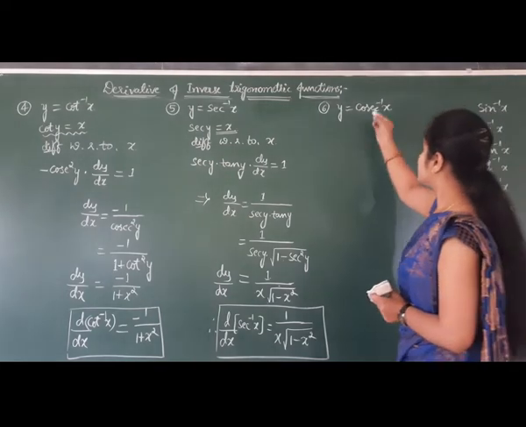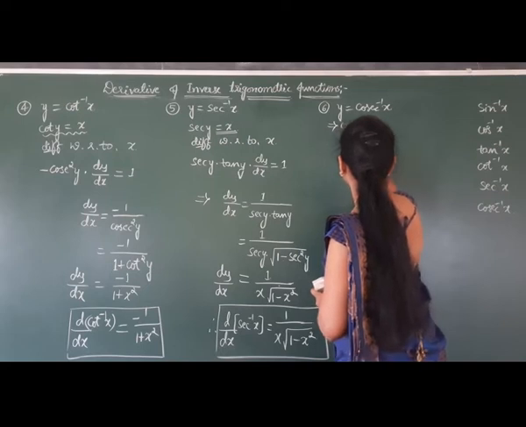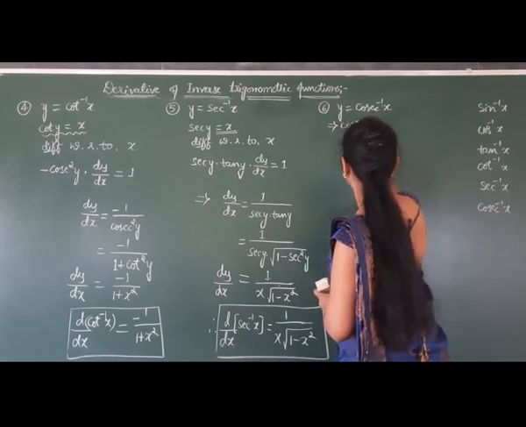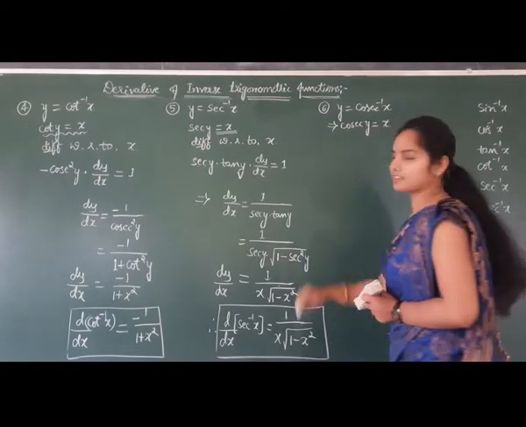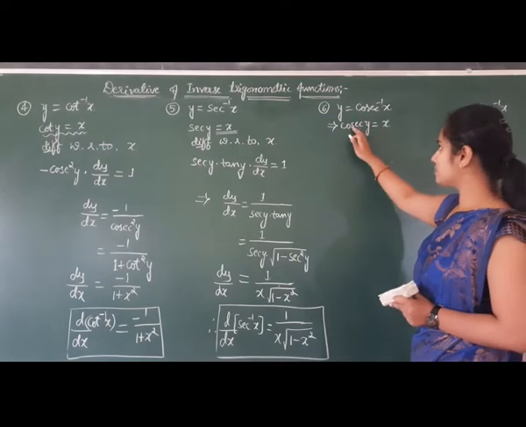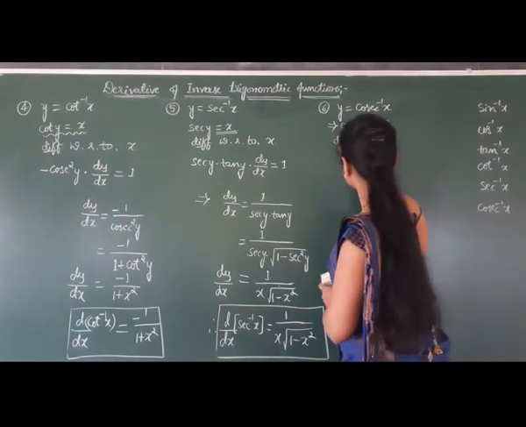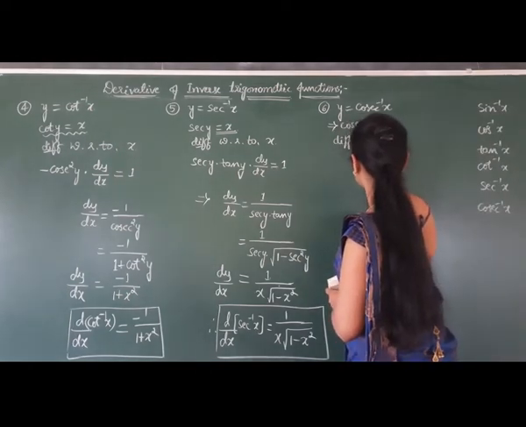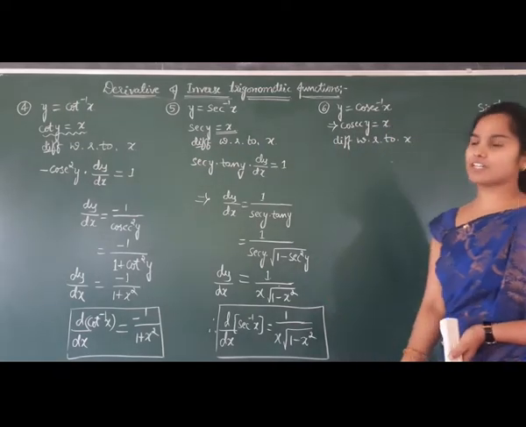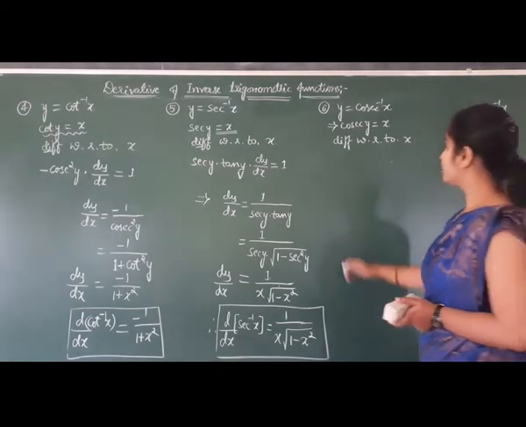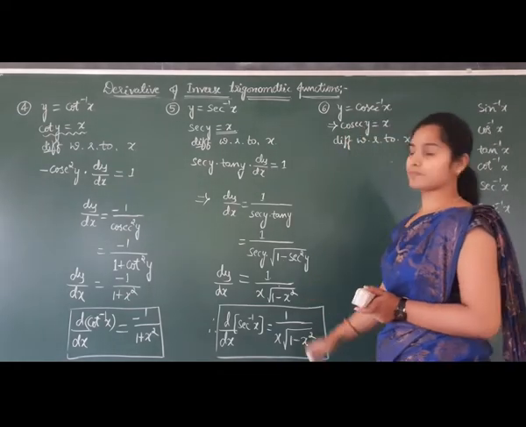Okay, so this implies cosecant y is equal to x. So now differentiate this function with respect to x. What is the derivative of cosecant y?